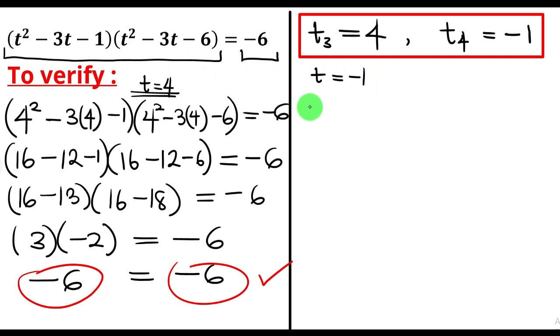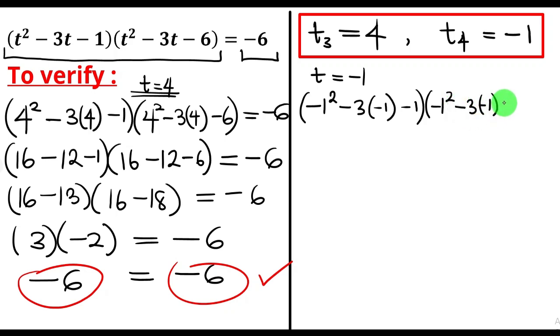So t squared is going to be minus 1 squared, then minus 3, then into minus 1, then minus 1, all in parentheses, then the second part, t squared, which is minus 1 squared, then minus 3 into minus 1, then minus 6. Is it still going to be equal to minus 6?